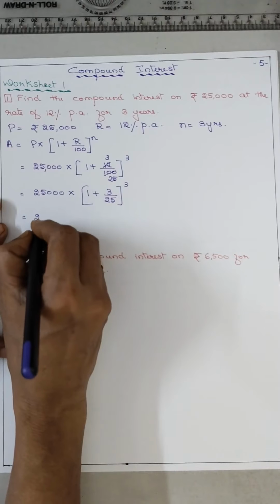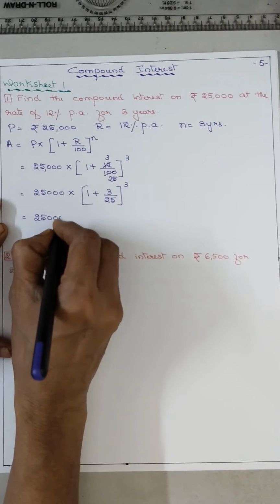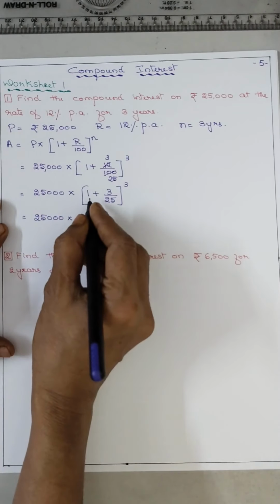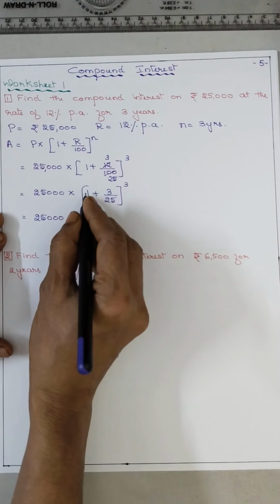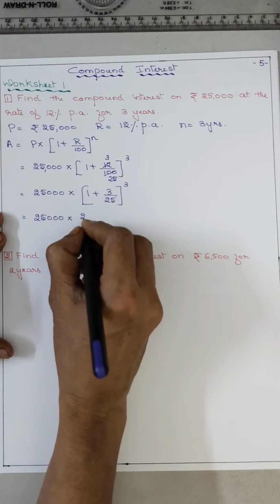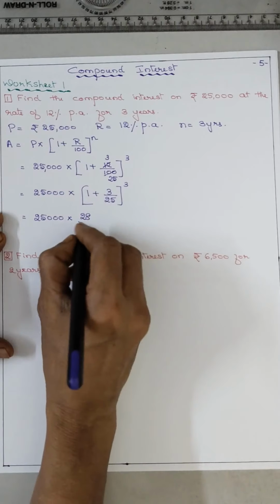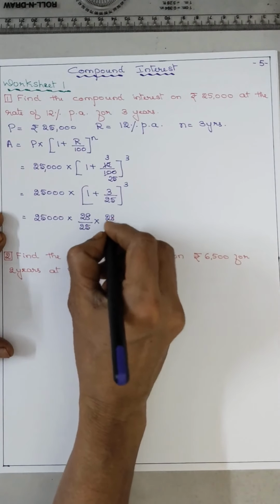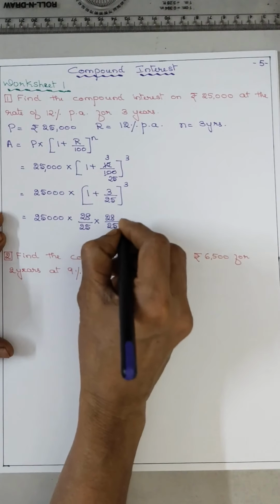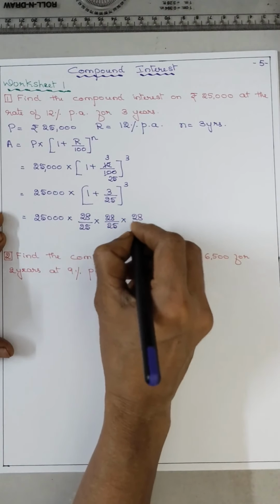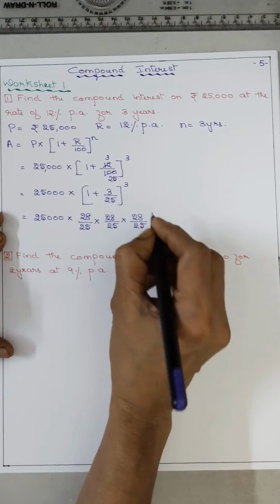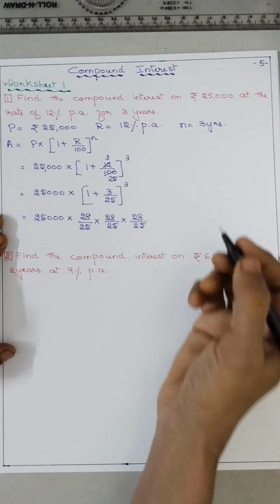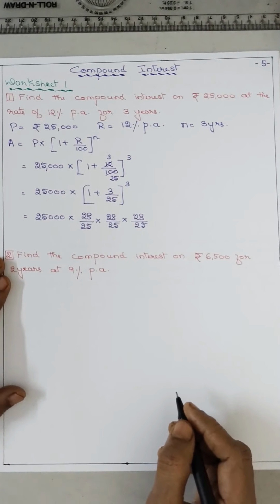That means 25,000, 1 means 25 by 25. So 25 plus 3 is 28 upon 25. 28 upon 25, 28 upon 25, 3 times, that is why we are writing it 3 times.